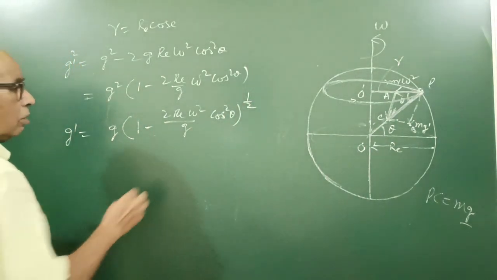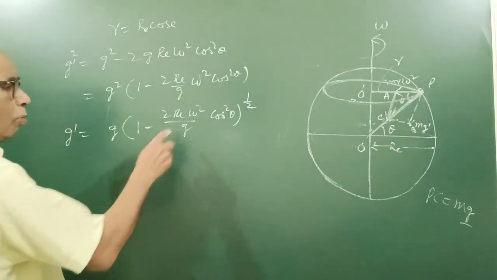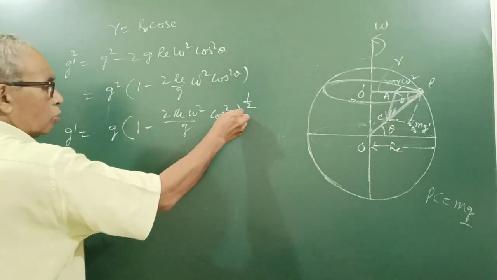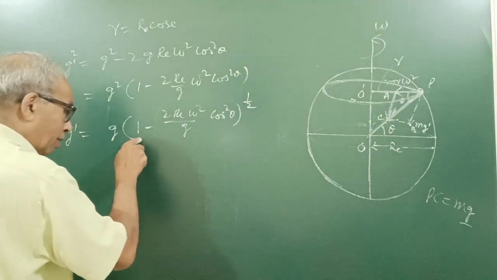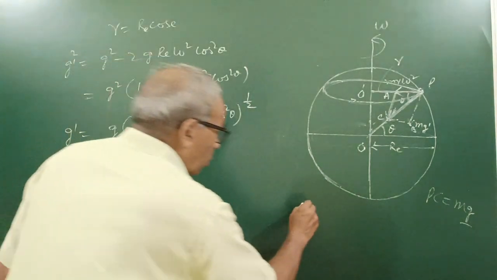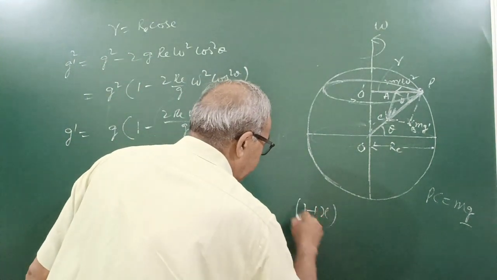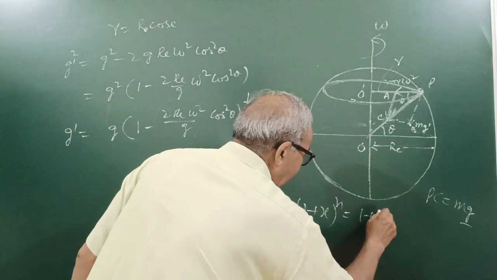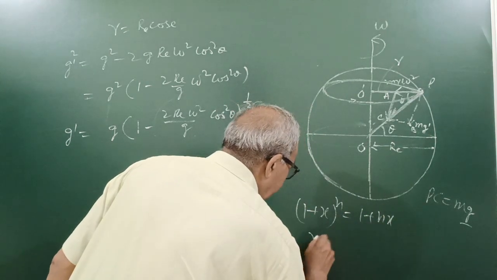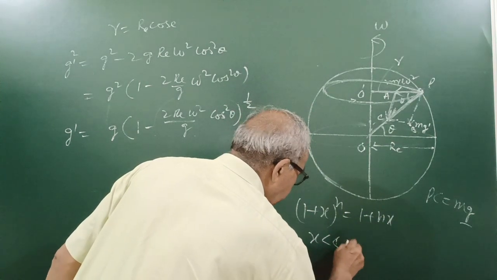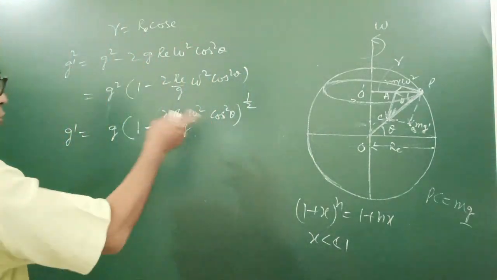Since omega is very small, omega squared is further small, so this term is smaller than 1. 1 plus x to the power n equals 1 plus nx when x is less than 1. Binomial expansion, so we use that.